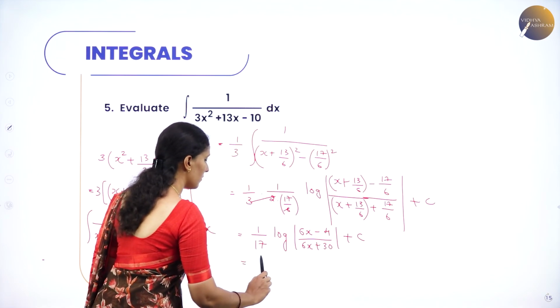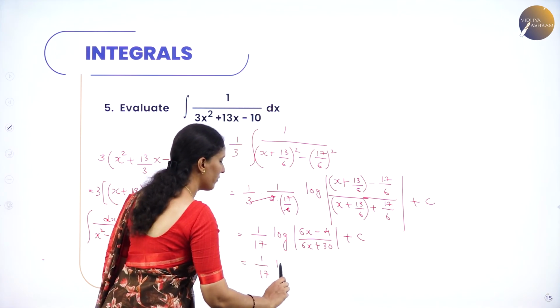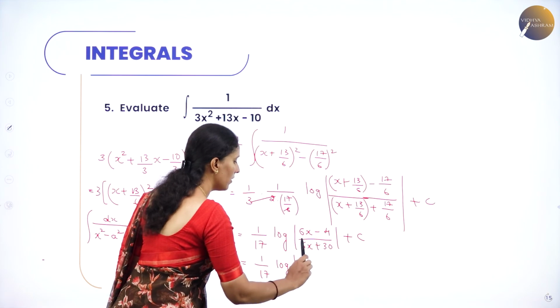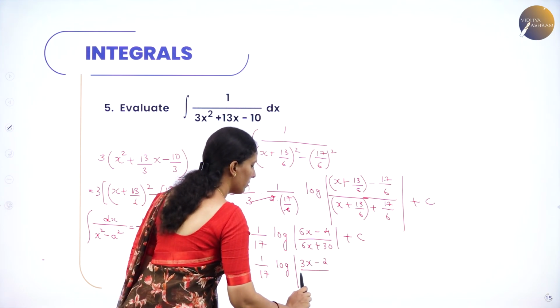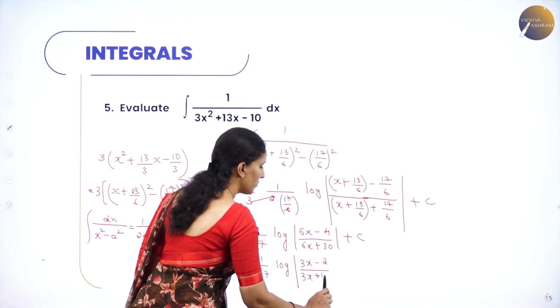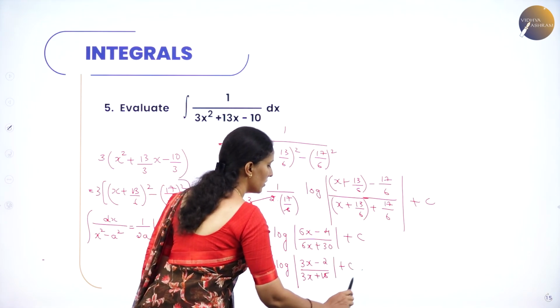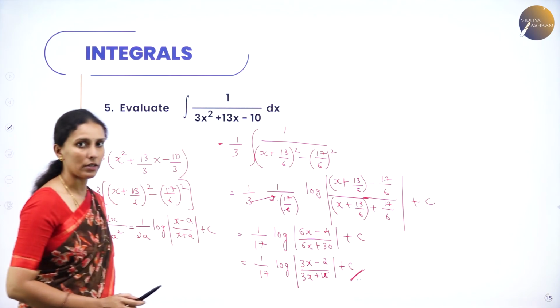Again, when you take 2 as a common factor in both numerator and denominator, you will get 3x minus 2 divided by 3x plus 15, plus c. So this is the value of the given integral.